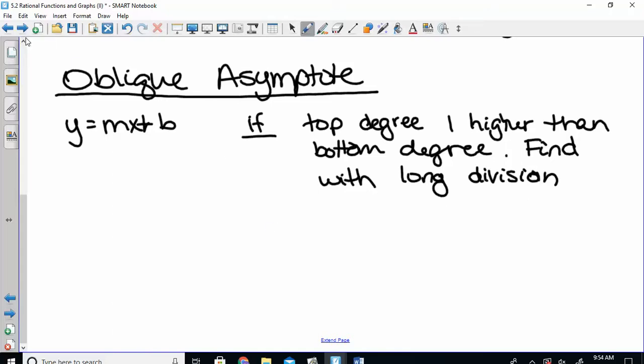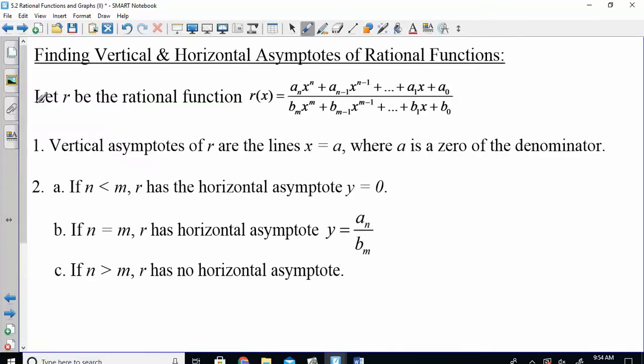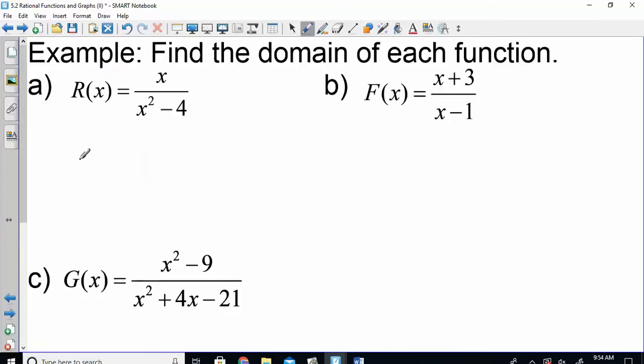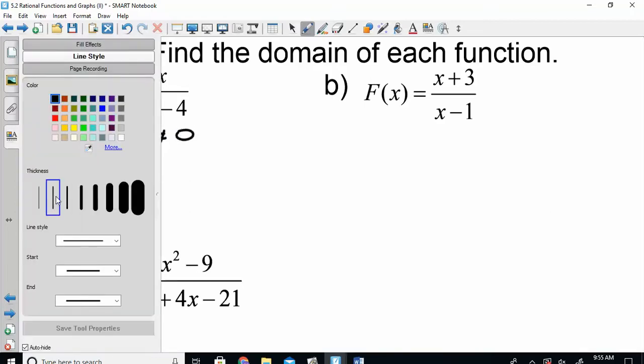First, I want to review, we did domains on the section Friday. So I'd like to recap how we did that. So we might just do a couple examples, if that's okay with everybody, of finding our domain. What did we have to look at? Denominator. And we know that the denominator cannot equal 0.